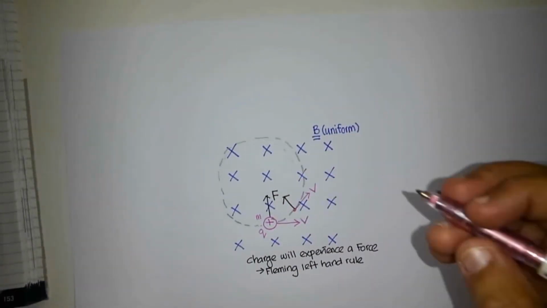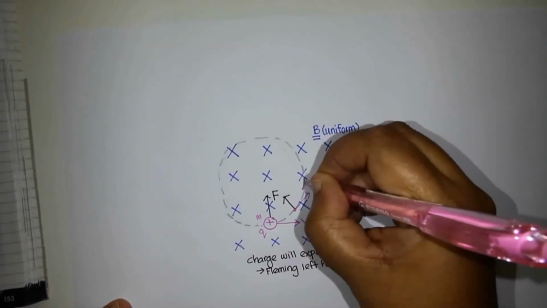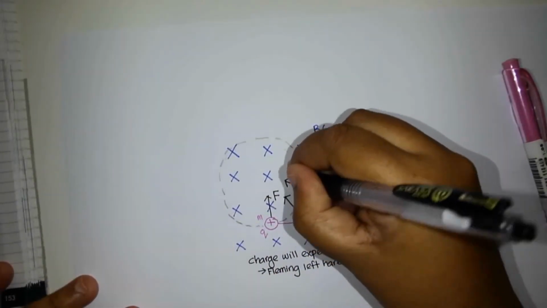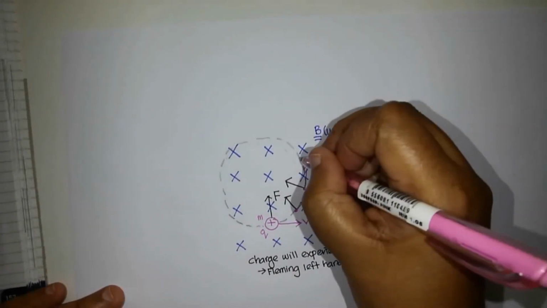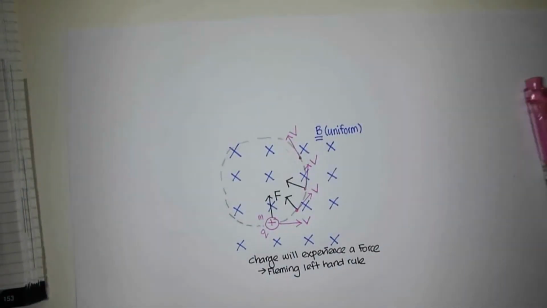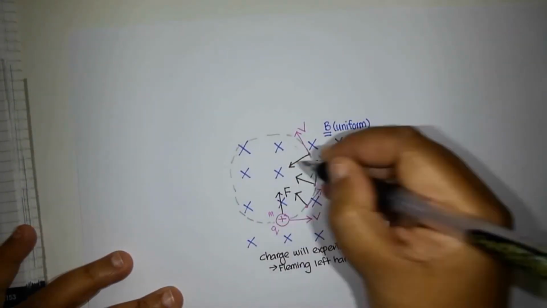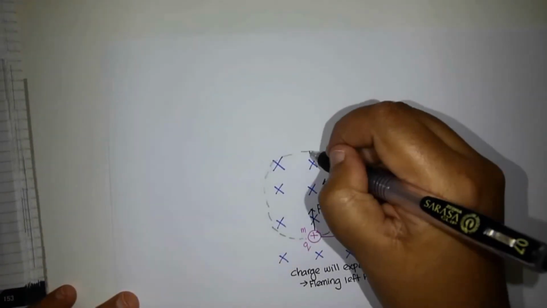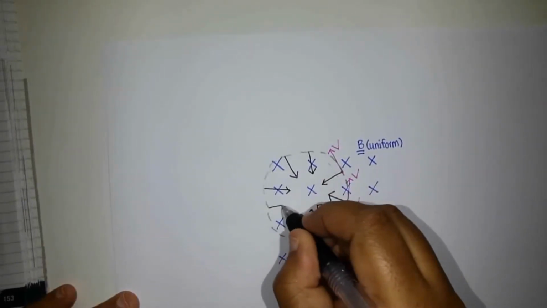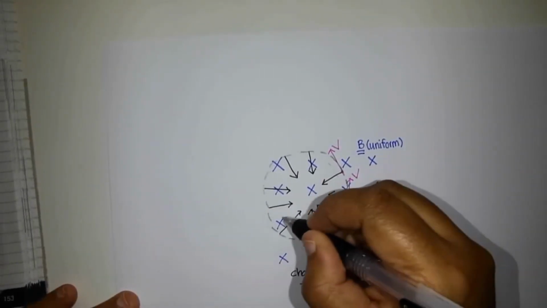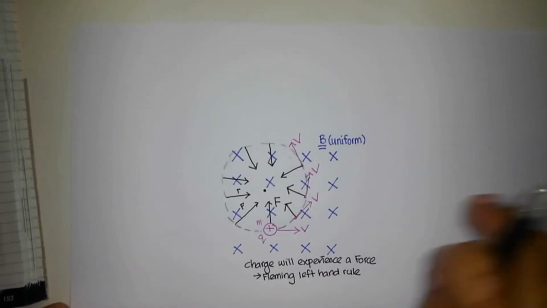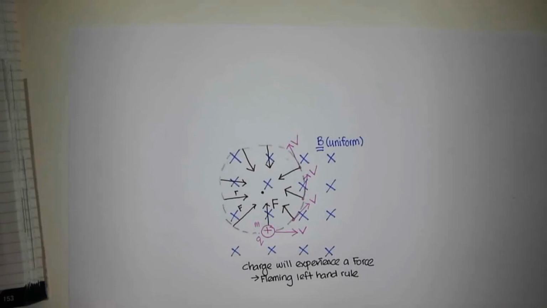Then here is V. Then the direction of the force will be in this direction. Then when it's here is V. Then the direction of force will be to the center. So as you go on, it will be something like this. All to the center. So this is the center. So it's a concept of circular motion.